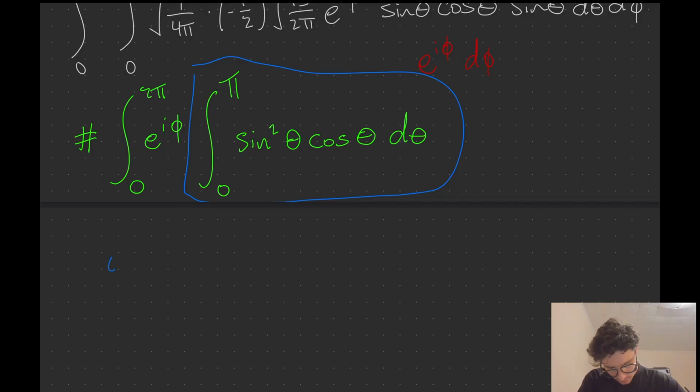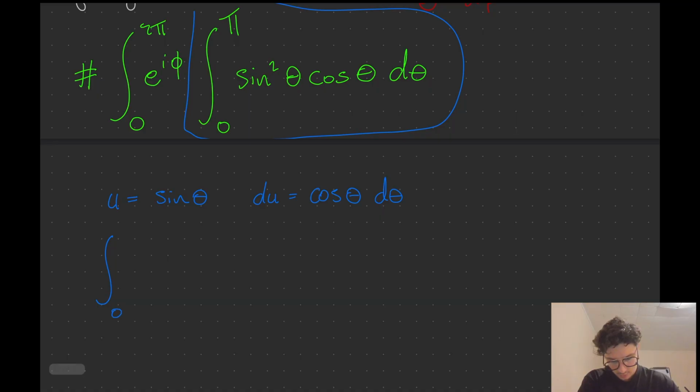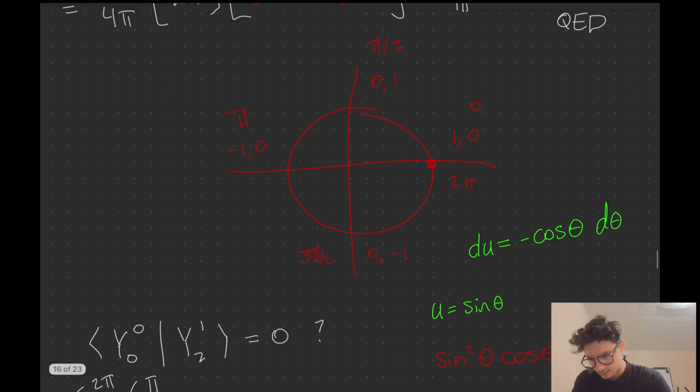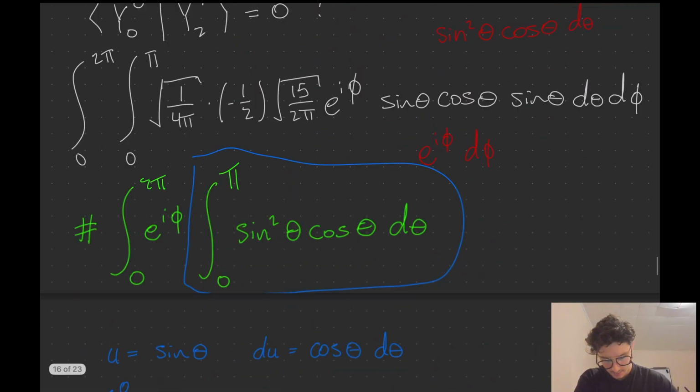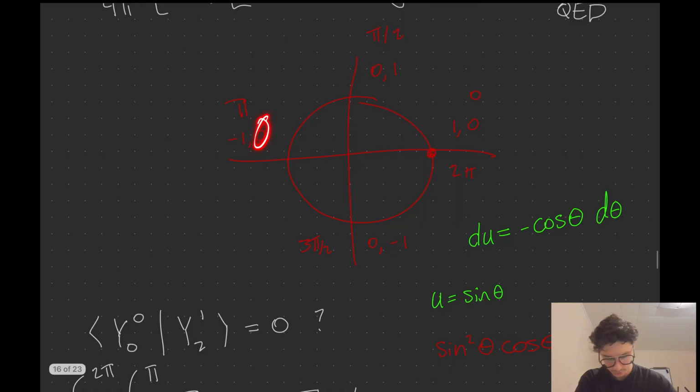Okay. u is equal to sine theta. So du is equal to, the derivative of sine is cosine, right? So we don't even have that negative. Cosine theta d theta. So now this integral becomes, the bounds here become 0 to 0. And how I'm doing this is I'm taking this 0, plugging into theta. Sine of 0 is 0. And then I'm taking this bound, sine of pi is also 0.